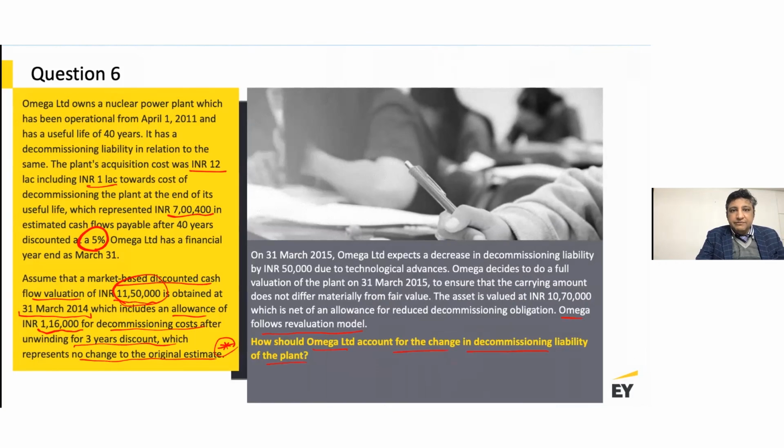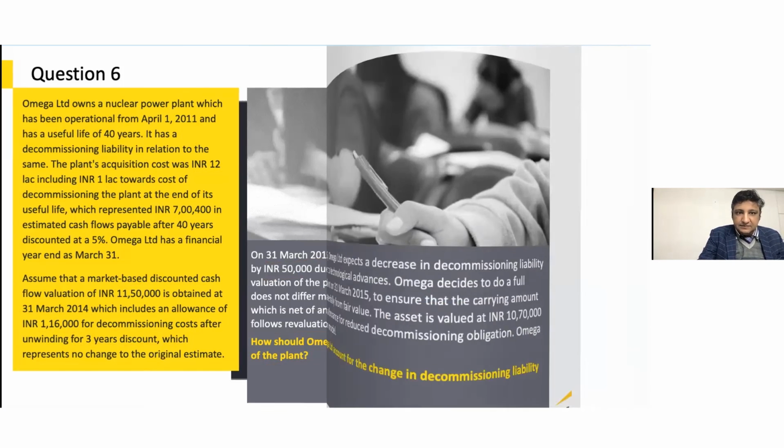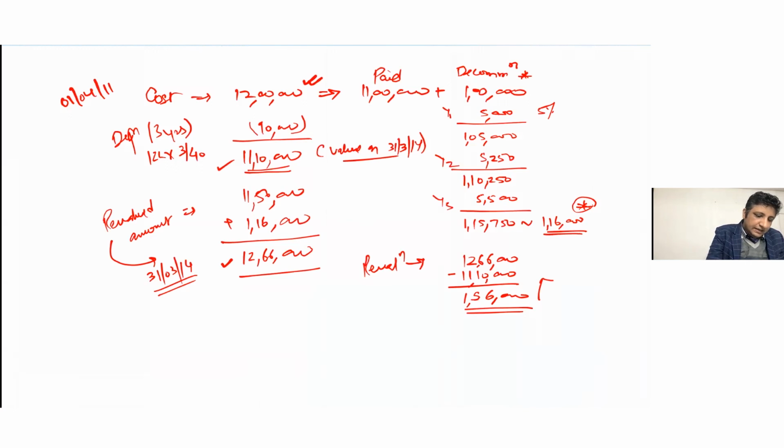Now, it further suggests that on 31st of March 15, the decommissioning liability has reduced by 50,000 due to technological advances, and eventually the full valuation of the asset is being done. The moment we say there is a reduction in the decommissioning liability, we were looking at the total decommissioning liability of 116,000, as on 31st of March 14.